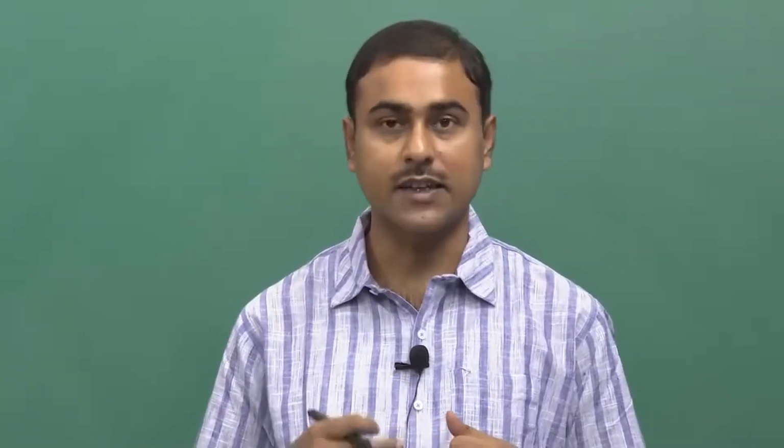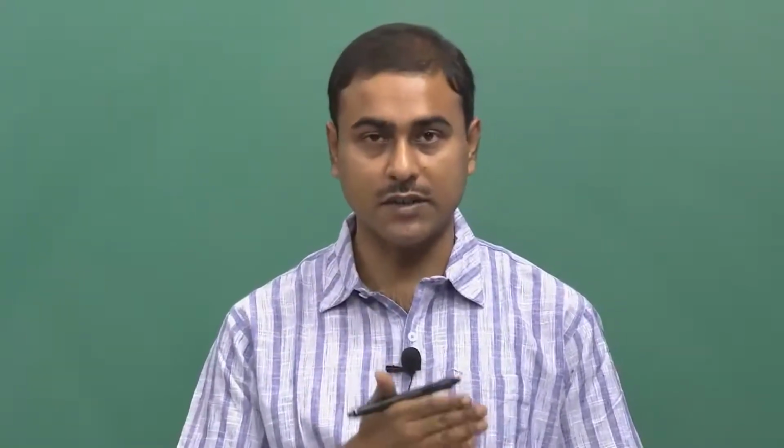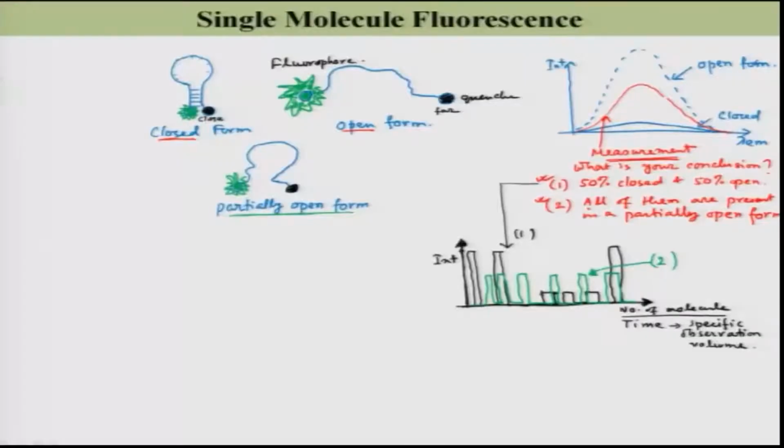What I want to say is that the conformational fluctuation dynamics may also change the fluorescence property of such kind of molecule. For example, because of this conformational fluctuation, this quencher will come a little close or far from this original position. When this quencher comes to this position, quenching will be more. When it goes here, quenching will be less.